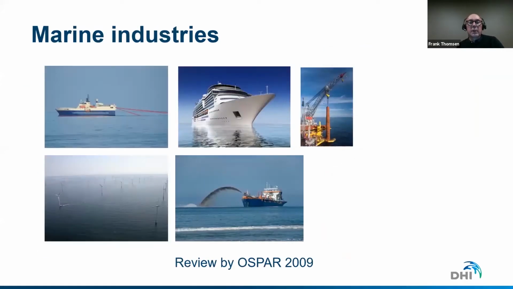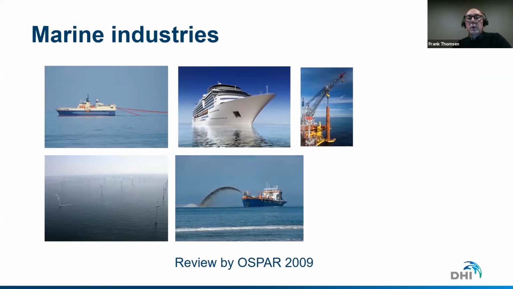If we talk about marine industries, we talk about a variety of sources of disturbance. Here, starting in the upper left corner, seismic exploration activities. Then you got shipping, from small ships to medium-sized ships, like a fishing vessel, for example, to very large cruise ships.